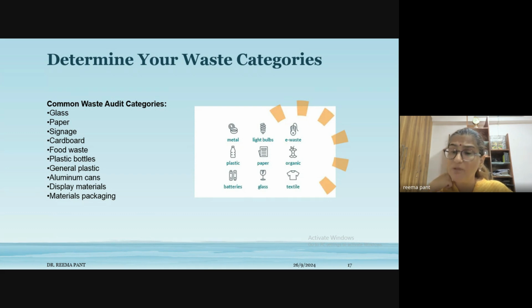So these could be common ones which are there. And e-waste, of course, because now almost every organization has a lot of electronic equipment. So e-waste becomes a very common waste. Besides that, metal is there, of course, light bulbs, batteries, so many common things, small things, wires.